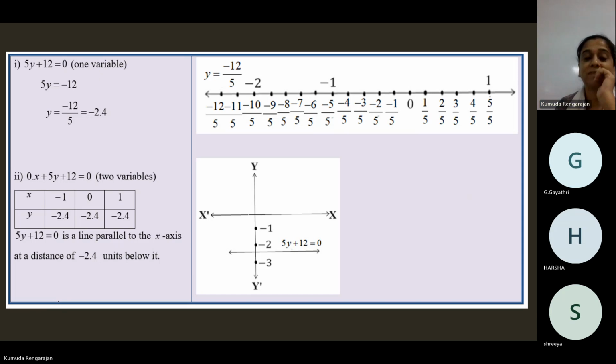And more importantly, when the value of C is 0, there'll be a line passing through the origin. We'll see all that.